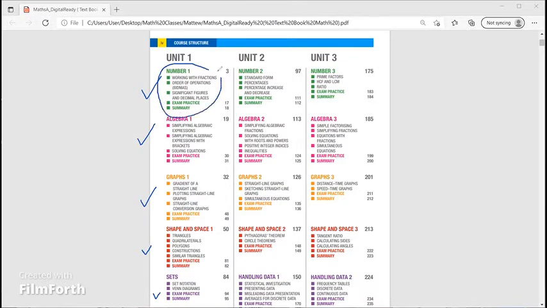Under number 1, I'm going to discuss working with fractions, then order of operations, BIDMAS, then significant figures, then decimal places, and finally some exam practice questions, right? So that is the part we are going to do in today's lesson.